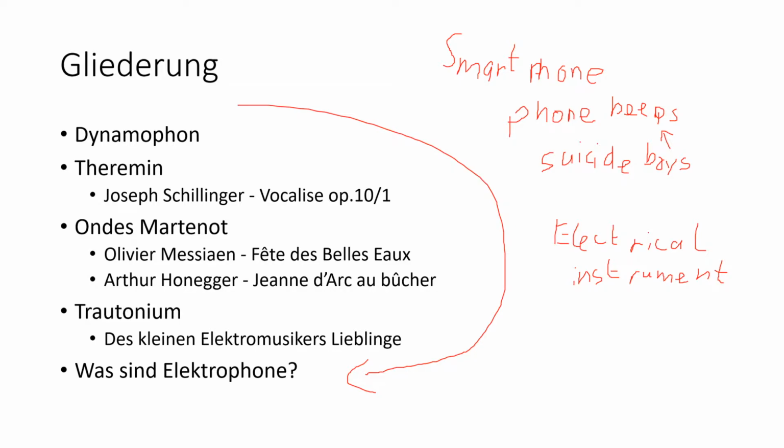We're going to look at electrophones, and after we've looked at some examples, we're going to theorize again what electrophones might be, and then I'm going to explain what electrophones actually might be.